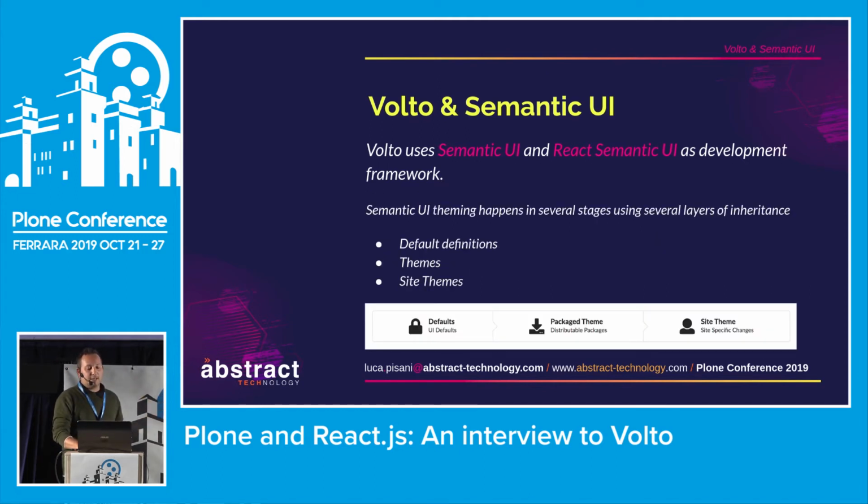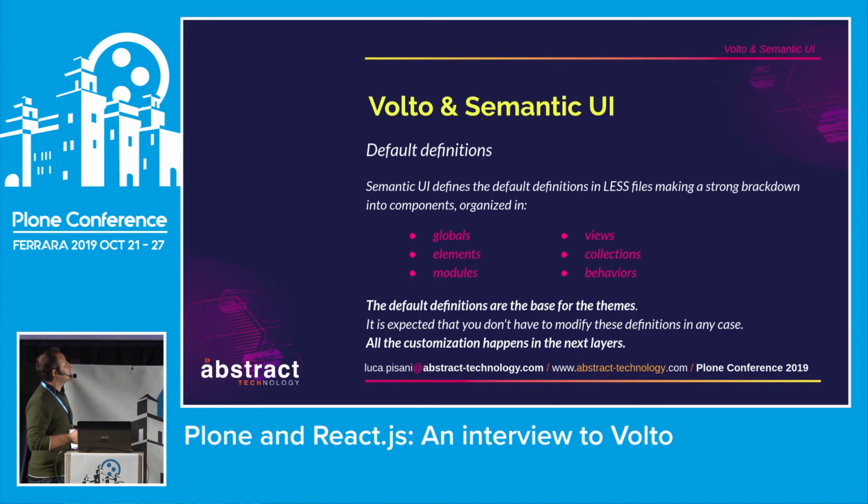Semantic UI works in several stages, using several layers of inheritance. We define a default definition where all the components and the less of Semantic UI are put, and the user can create a theme by customizing the default definition, and there are site themes where we can create the customization for the project.